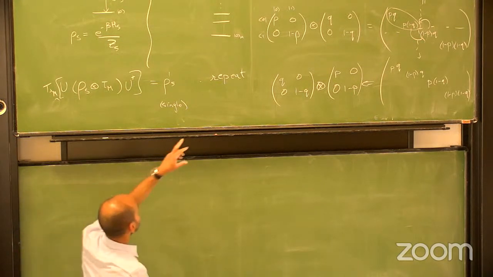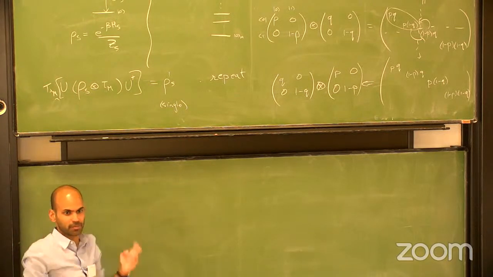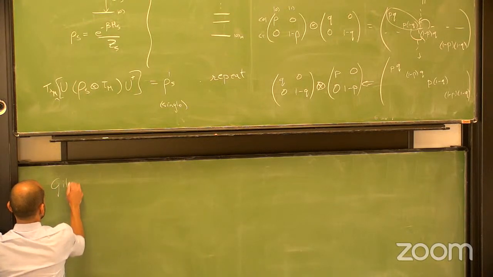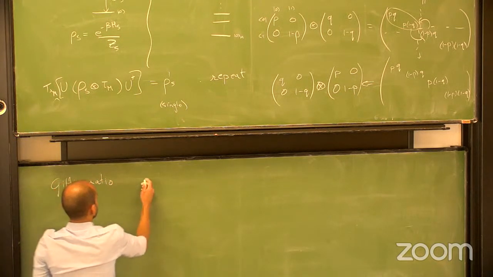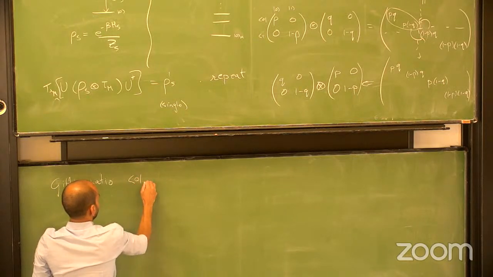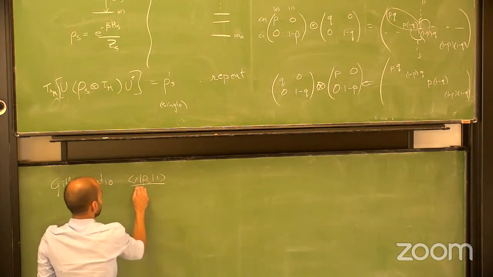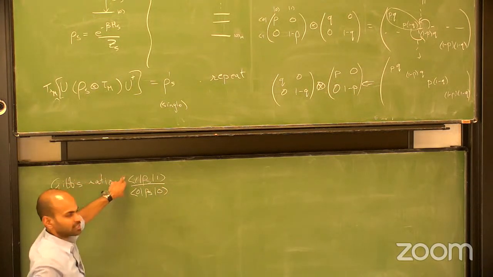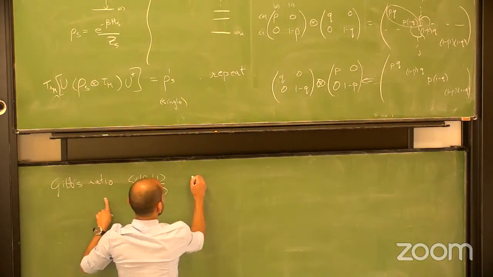And what happens to the system at the end, if I write down what the final effective temperature of the system is, because the states have been flipped, it means that the Gibbs ratio, which is essentially rho system 1 upon rho system 0, so this is just the ratio of the excited state population to the ground state population, this ratio just swaps with the machine.